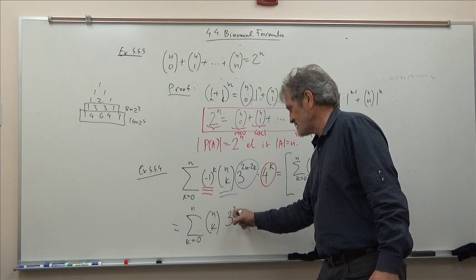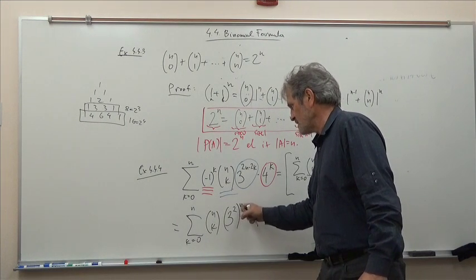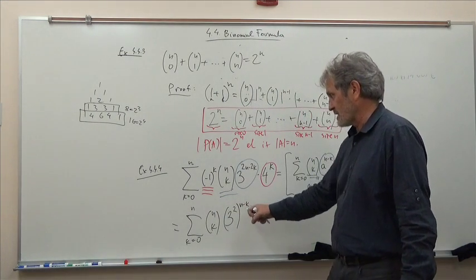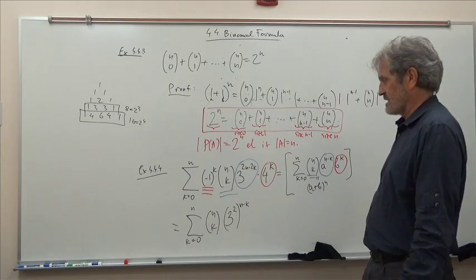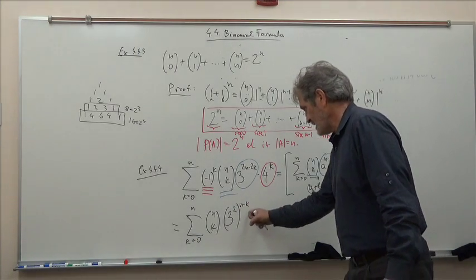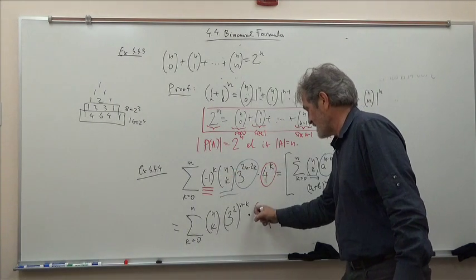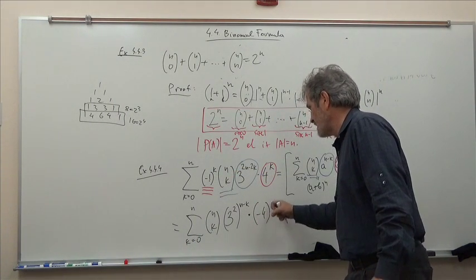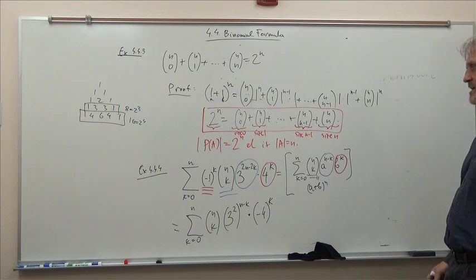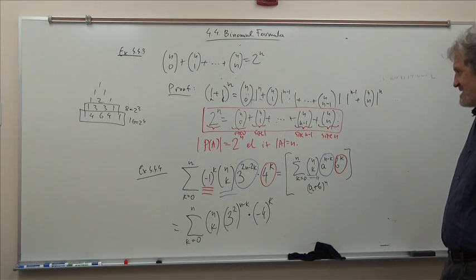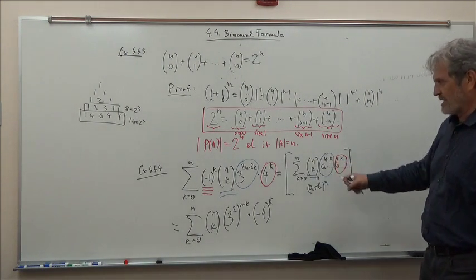You write it as 3 squared to the n minus k. Because that's algebraically correct, because you multiply those and get this. Times, and then if I want the b, these two, I want them together under the same umbrella, negative 4 to the k. And now it's very easy. Now it really looks verbatim like this one.